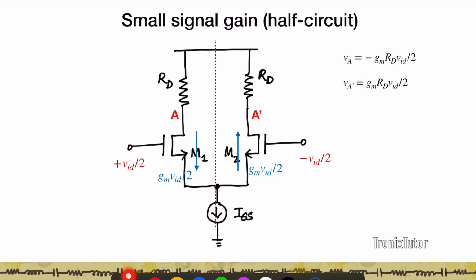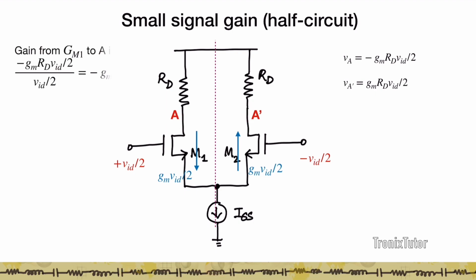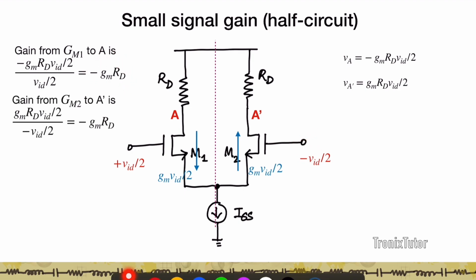Again, you see that these two voltages are equal and opposite to each other. And so if I look at the gain from the gate of M1 to A, it is just minus gmRD. Similarly, the gain from the gate of M2 to A prime is again minus gmRD.